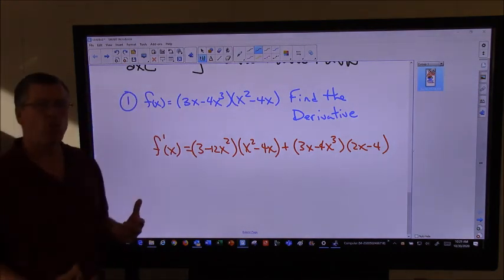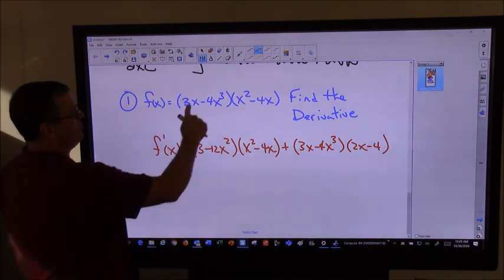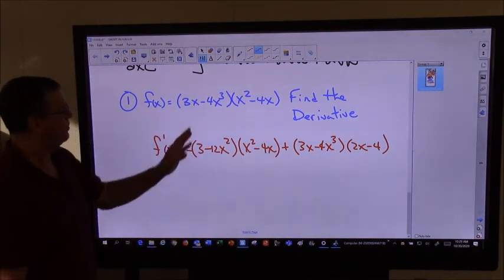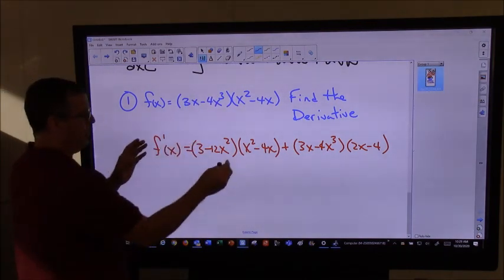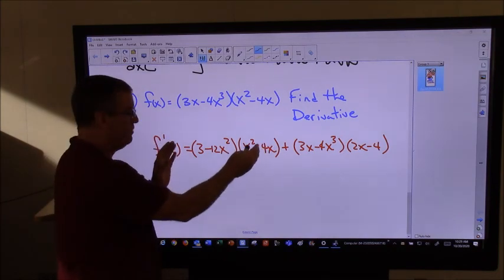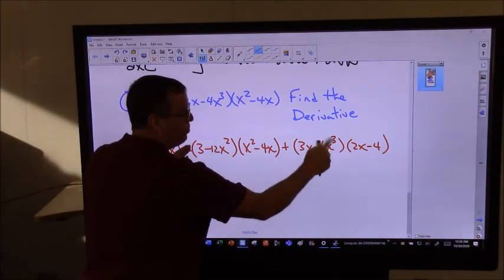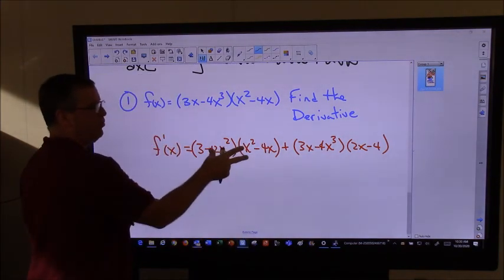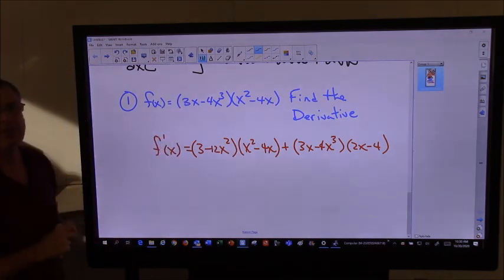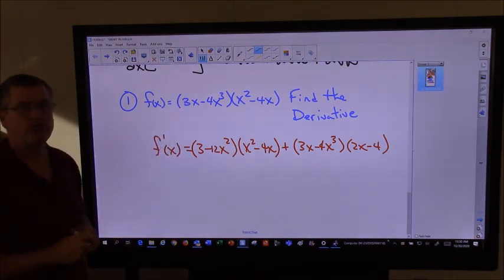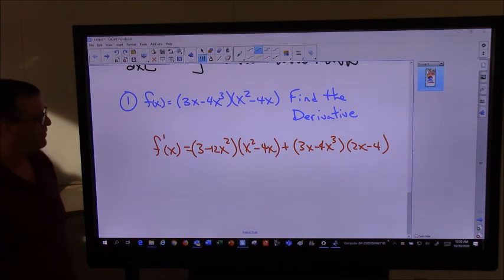You can kind of see why I would probably want to do the power rule with this. I would have to FOIL this once, and then I could take the derivative easily. Here, I took the derivative, it was easy, but now I got to FOIL twice, so I feel like I have a little more work to do here than I normally would. But again, we're practicing the product rule, so you know, we're just going to humor ourselves for now.